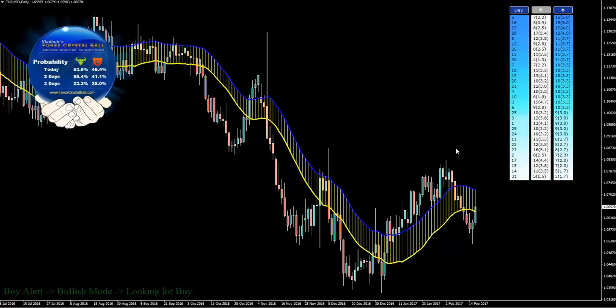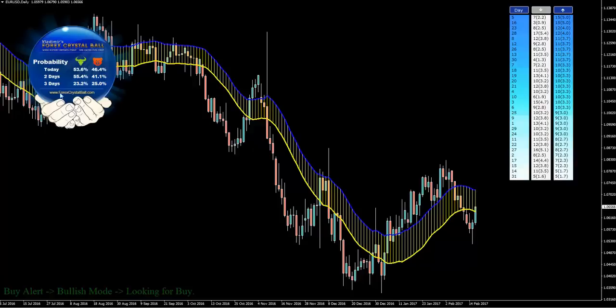Now, the Forex crystal ball is built from a few indicators and calculations, and everything is happening behind the scenes. In here you can find statistical days which tell you what days are suitable for buys and what days are best for sells.